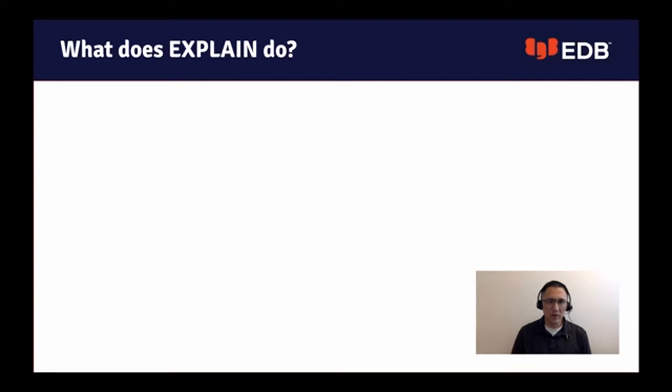Okay, so what does explain do? Explain is something that you append to your query. So if you have a query like select star from accounts, you say explain select star from accounts, and then it will explain to you what Postgres plans to do for that query.